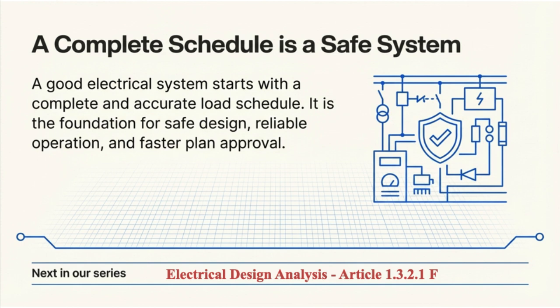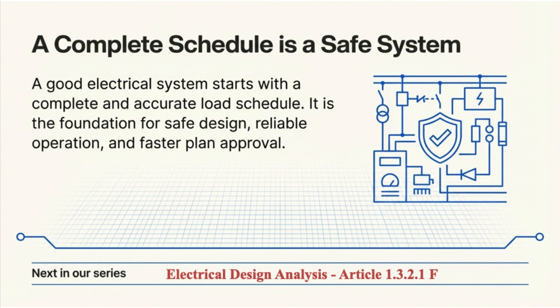We have now completed our discussion of schedule of loads under Article 1.3.2.1 Part E. We learned the details of electrical information needed in every electrical equipment that needs to be identified in the schedule of load. In the next part of this series, we will move forward to Part F, that is Electrical Design Analysis, wherein yung mga values na nasa load schedule are used for engineering calculation.